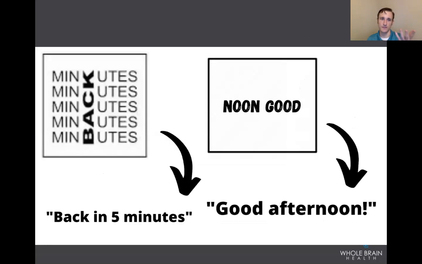We have the word back slicing these minutes in half, but it really is telling us back in 5 minutes, because the word back is inside 5 minutes. And then in this other box to the right, it says good afternoon, because we have the word good afternoon. Hopefully that makes sense.